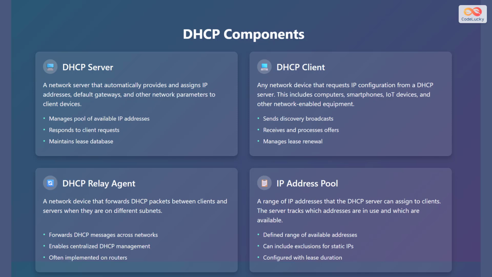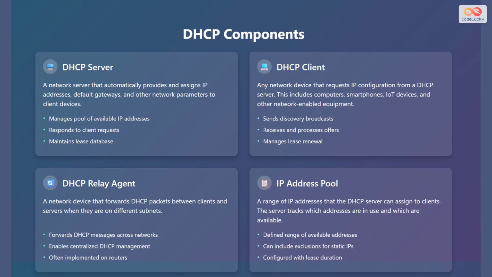Next, we have the DHCP client, which is any network device that requests Internet Protocol configuration from a DHCP server. This includes computers, smartphones, Internet of Things devices, and other network-enabled equipment. The DHCP client sends discovery broadcasts, receives and processes offers, and manages lease renewals.